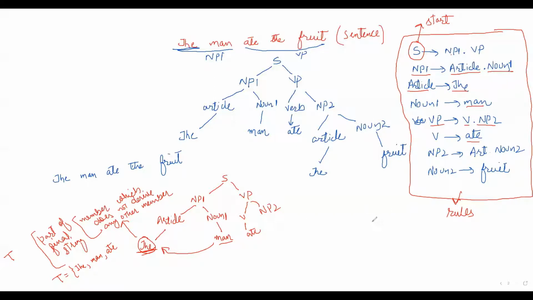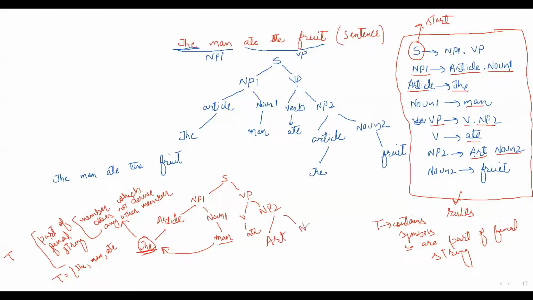So what is this T set? T contains symbols which are part of the final string. Now let's come to noun phrase. Noun phrase can be written here as article and noun two.